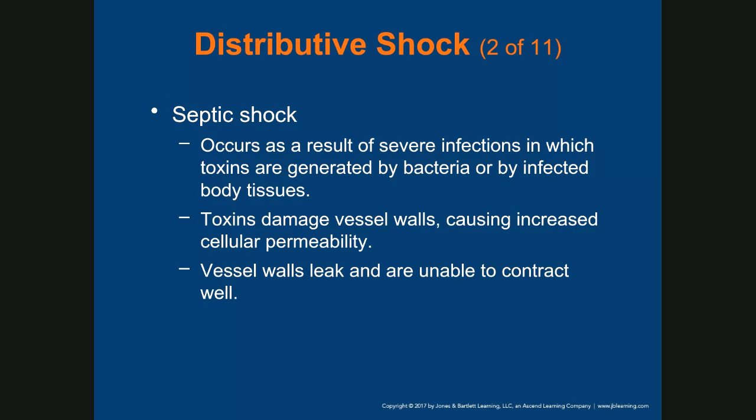Now, one of the things that the bacteria will do is it will start to form pockets in the small blood vessels. So little pockets start to form, right? So we have massive vasodilation, right? When we talk about distributive shock, with the exception of psychogenic shock, it's massive vasodilation.